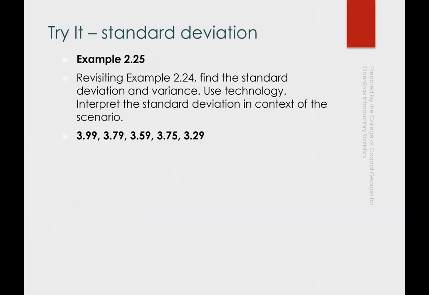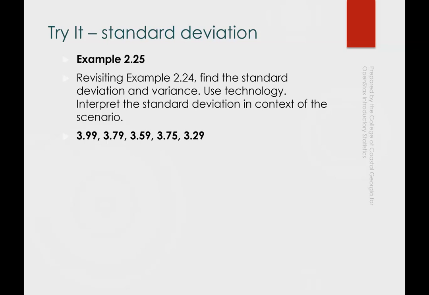Let's look at standard deviation. To find the standard deviation and variance, we're going to use technology and interpret the standard deviation in context of the scenario. These are our prices without the dollar symbol so that you can copy and paste into Stapplet.